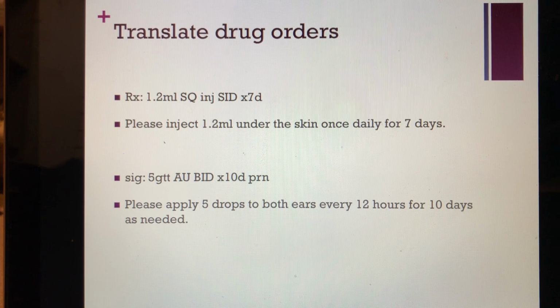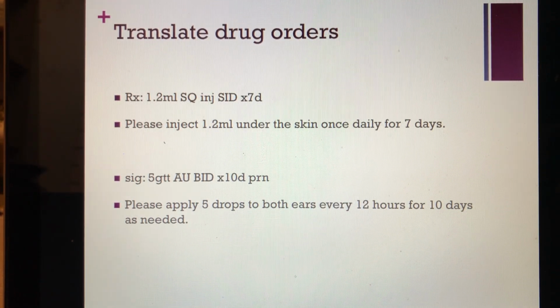These ones are a little bit different style. So the first one here, RX. Again, this is just in the file, it's going to be written RX. That's just indicating this is a prescription to go home. I don't need you to translate RX on your pill labels for the pill vial or whatever. This is clearly a liquid. So 1.2 mLs.